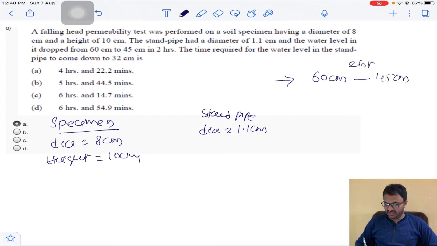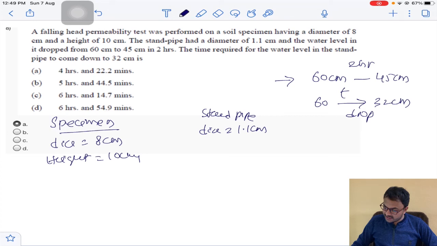In 2 hours. Now the time required for the water level in the stand pipe to come down to 32, from 60 only, so from 60 to 32 centimeter drop, let that time be t. Clear?